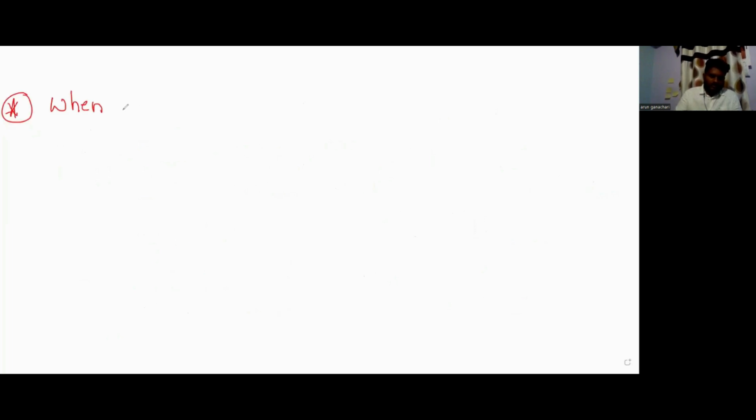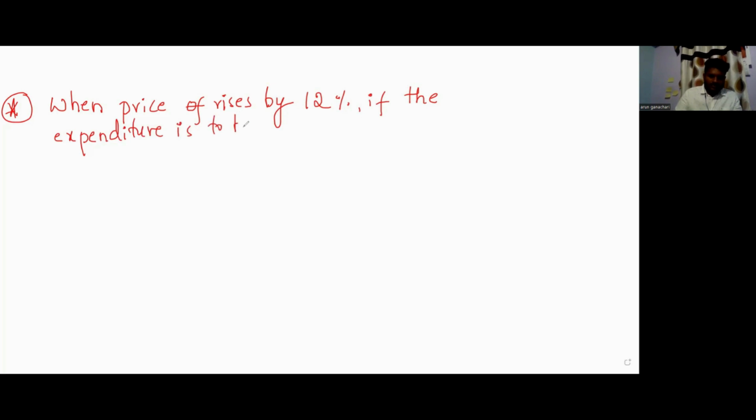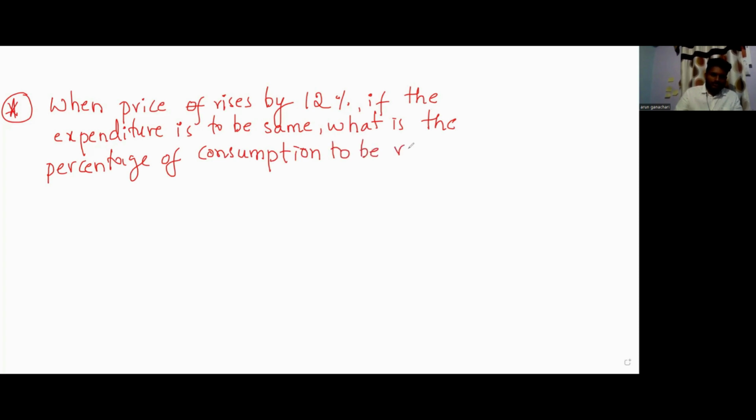When price rises by 12%, if the expenditure is to be same, what is the percentage of consumption to be reduced?